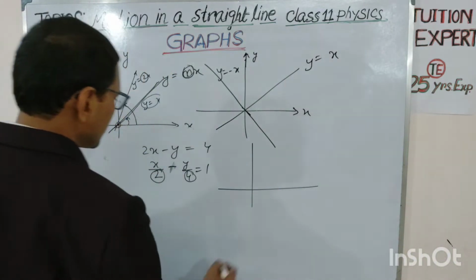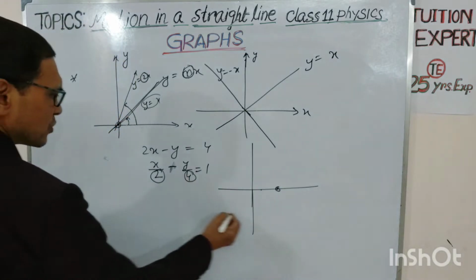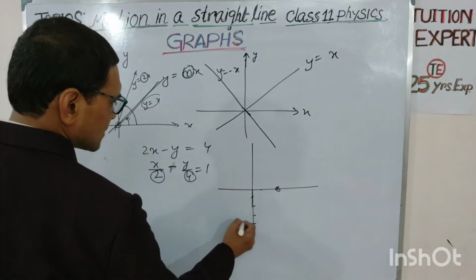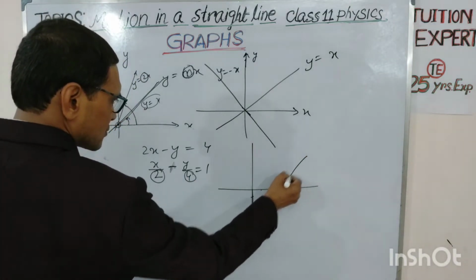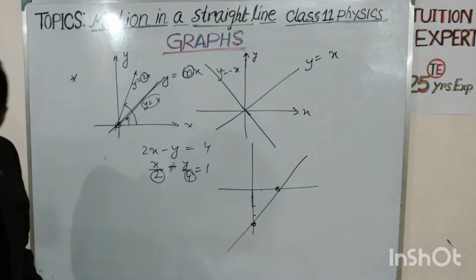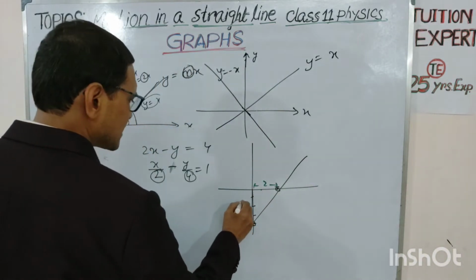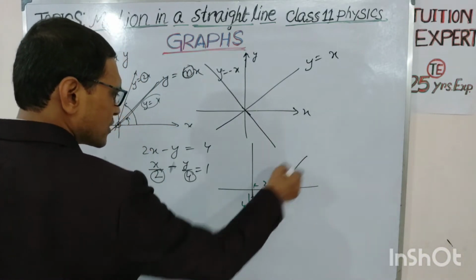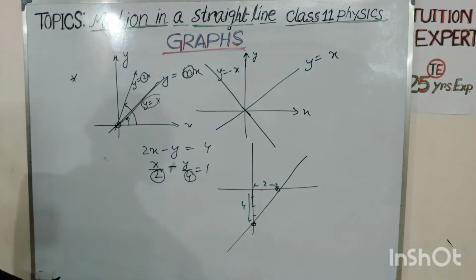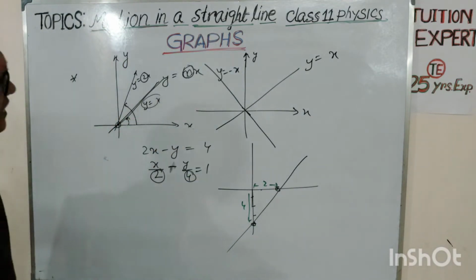So the graph will go 1, 2 here, and towards the negative side minus 4, 1, 2, 3, 4. So draw the graph in this way. This is the x-intercept of 2 units and this is the y-intercept of 4 units, and draw the graph passing through the 2 points. I have discussed all the graphs of straight lines in another video.